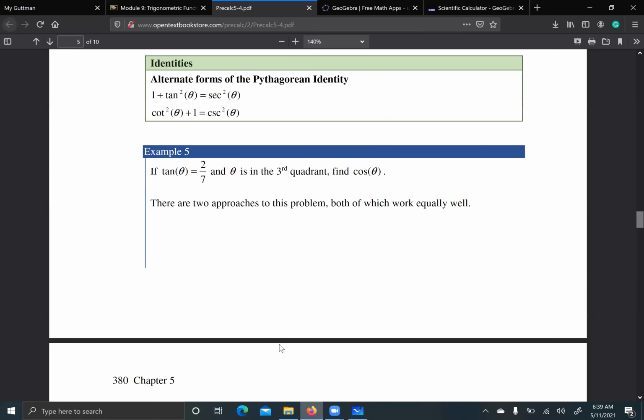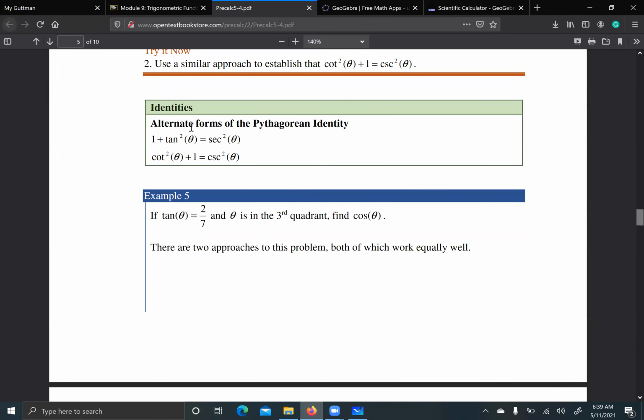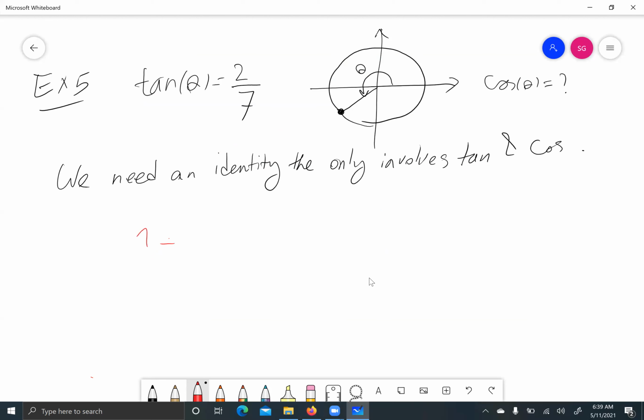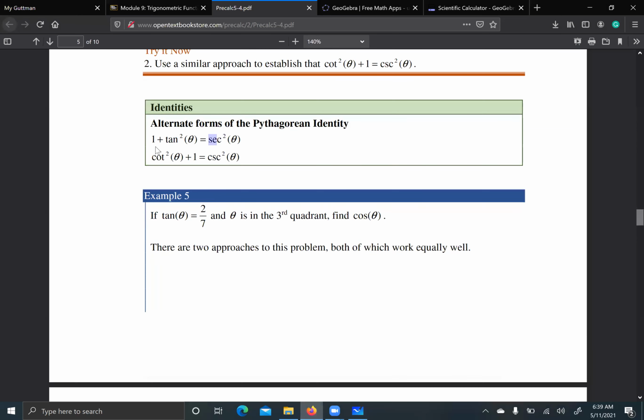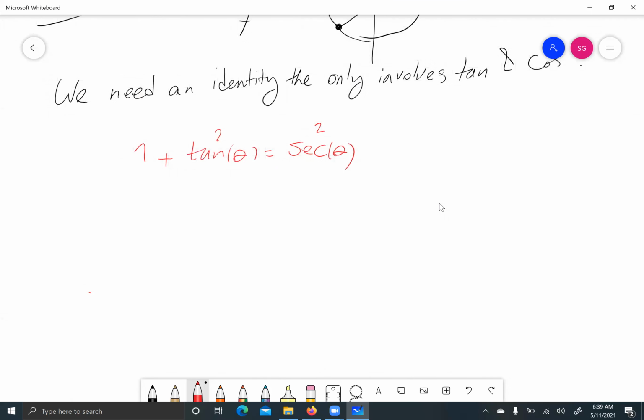Which identity has that feature? If you look at this identity, it involves tangent and secant. Since secant is 1 over cosine, let me show you. Look at this identity: 1 plus tangent square is secant square, right? That is what we just proved. Now you can substitute, because secant is 1 over cosine.